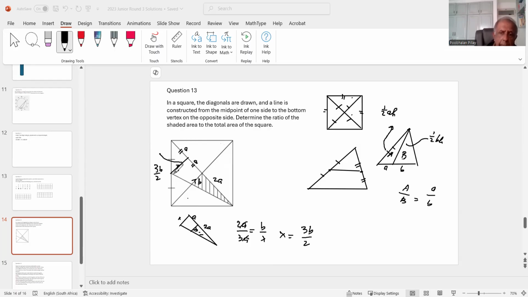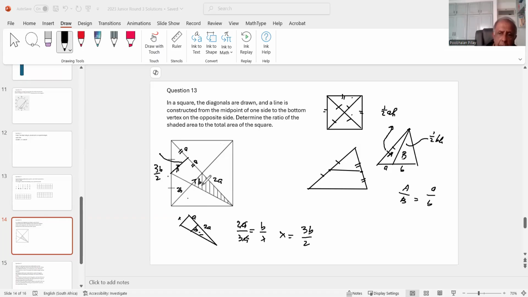Right? And now by the midpoint theorem, this is 3B over 2, so this whole thing will have to be twice that. Remember I told you that this is equal to half of that. So if this is 3B over 2, this whole thing is 3B. If the whole thing is 3B, this part here is B, so this part will have to be 2B.